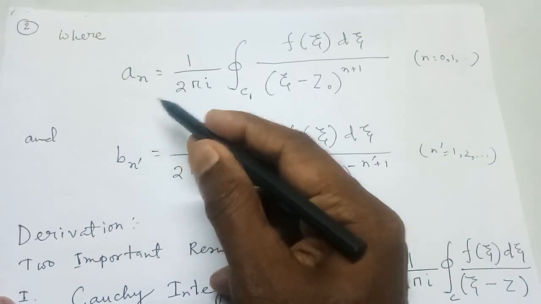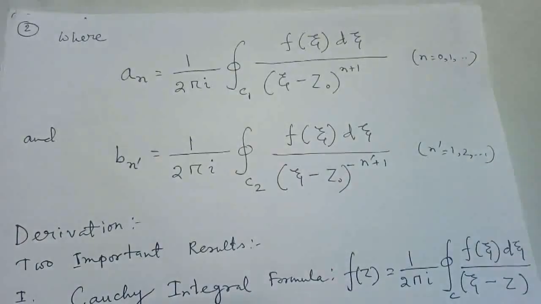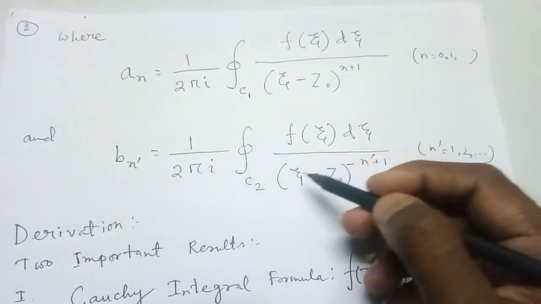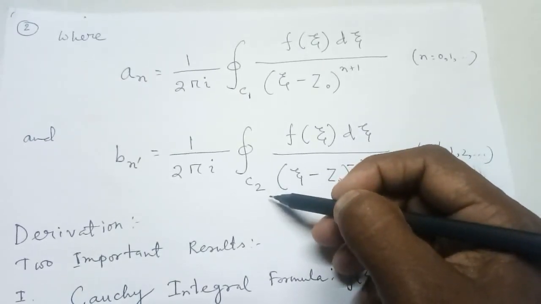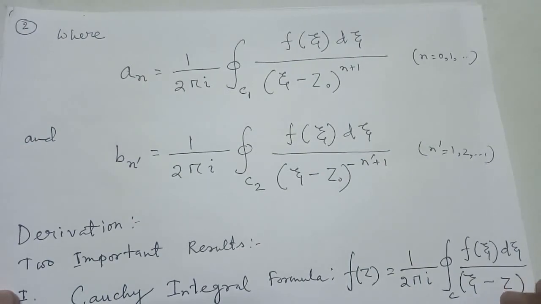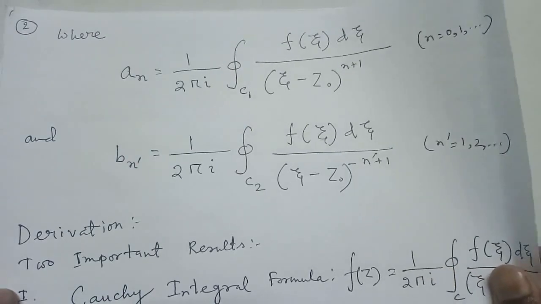Here an is integrated over contour C1 and bn prime is integrated over the contour C2. So we will try to derive the Laurent expansion of function of z, analytic function.